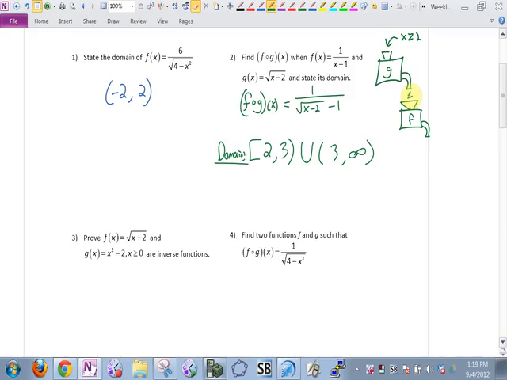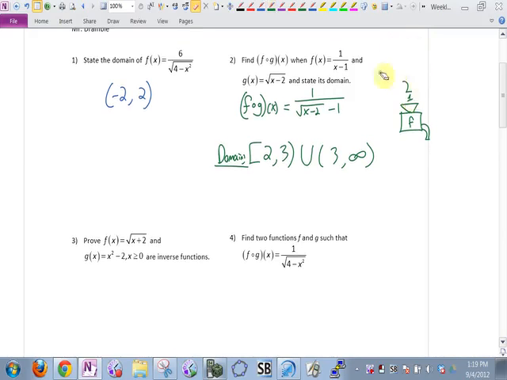So I need to ask myself, what input into G causes G to output a 1? So when you look at the rule, what do I need to replace X with to make this output the number 1? And that was a 3, which originally I was allowing to happen, right? So when a 3 went in here, a 1 came out, and 1's not allowed to go in there. So I had to remove 3 from those lists of possible allowed numbers. Does that make sense?